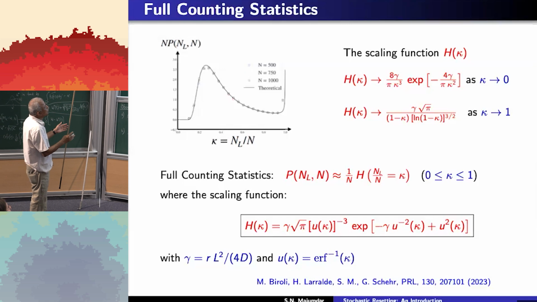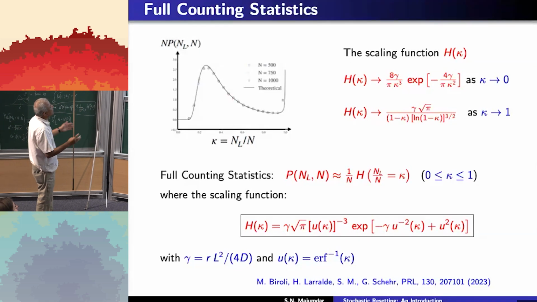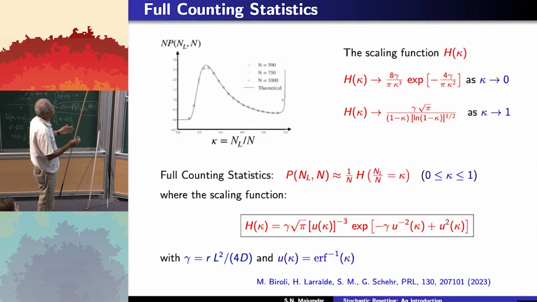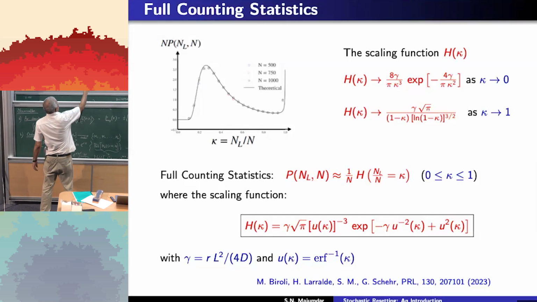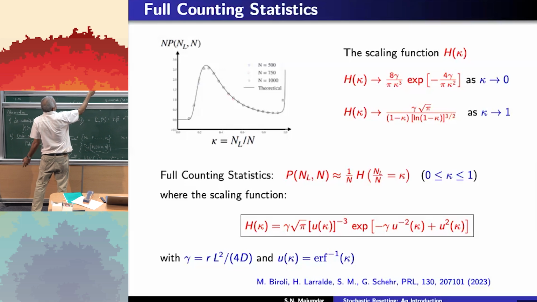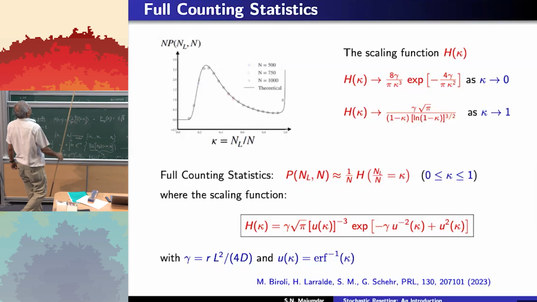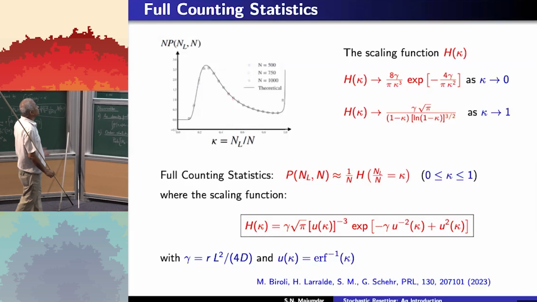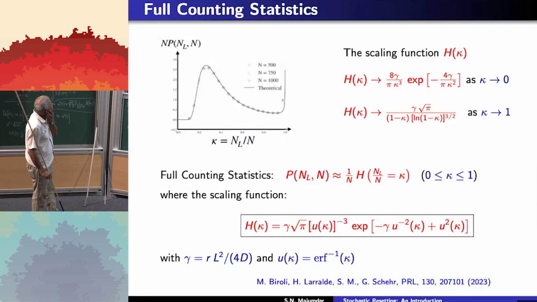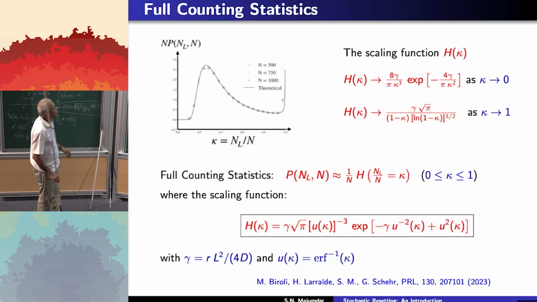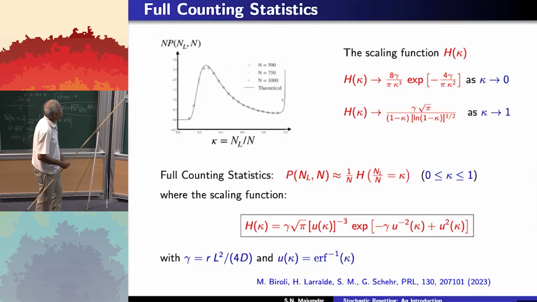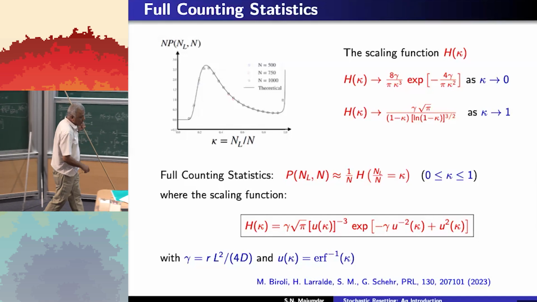Since the box I am taking is from minus L to plus L, with a high probability they will always be inside this box, and that's why it diverges here, but it diverges in a strange, non-monotonic way. This is a kind of function that I've never seen before in any of the full counting statistics. It's very different from, for example, the log gas case. This is completely different.